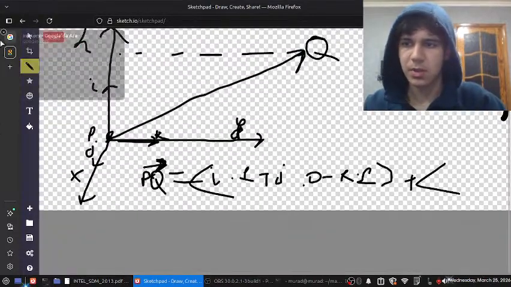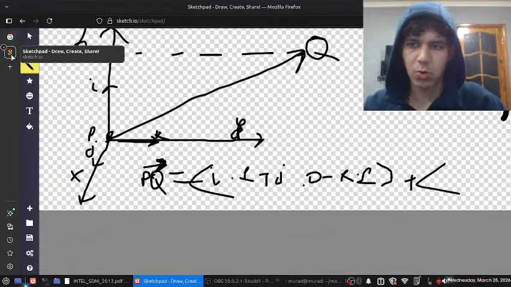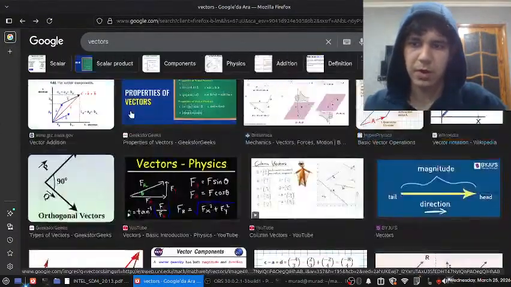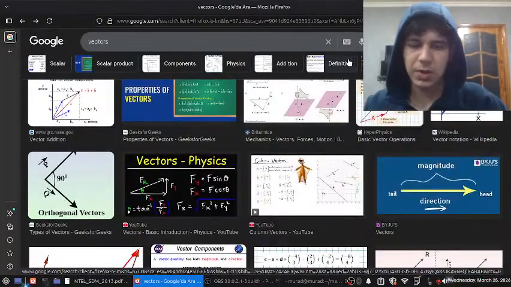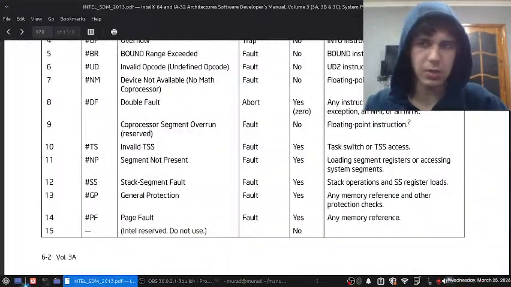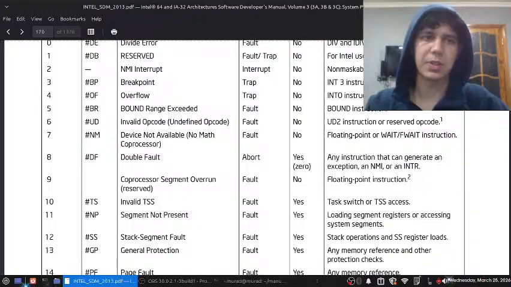Okay, so I showed how to multiply vectors and basic vector things. Let's go through operating system development.